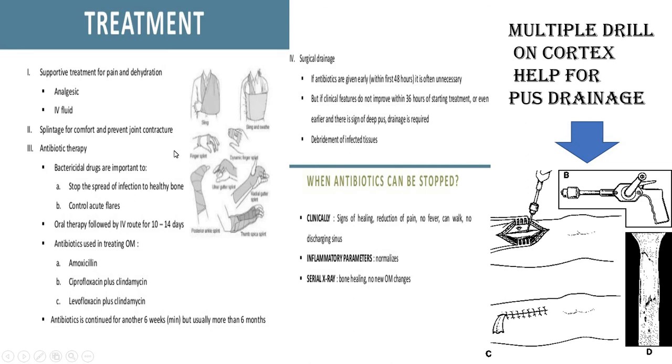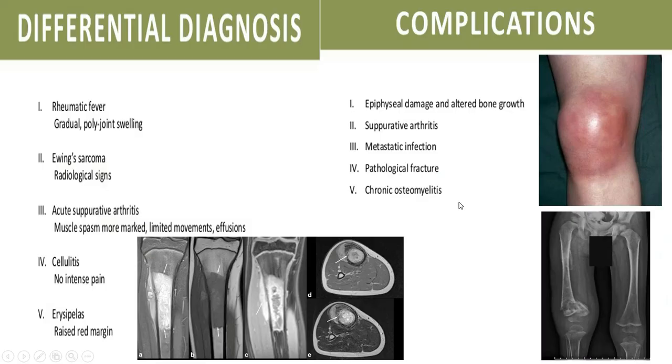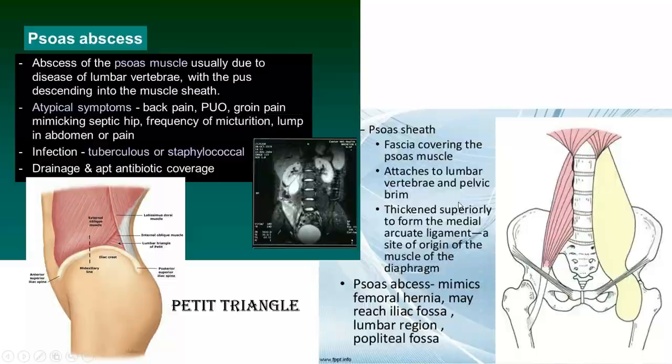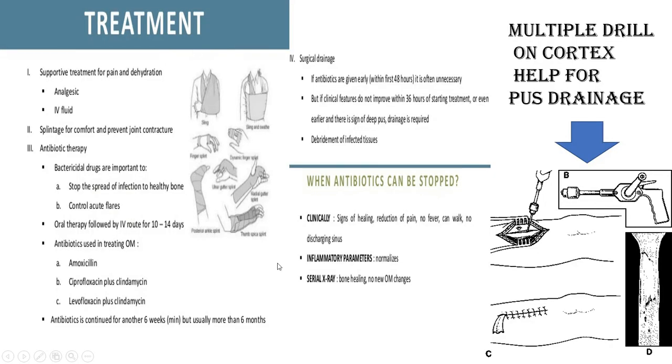Okay, so this is the multiple drilling of the cortex, and we can do it with only a hand drill. I think the last step of this operation, after draining and after multiple drilling, is that you must put in a drain.